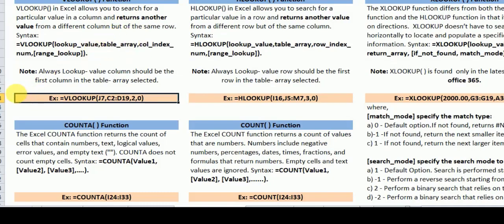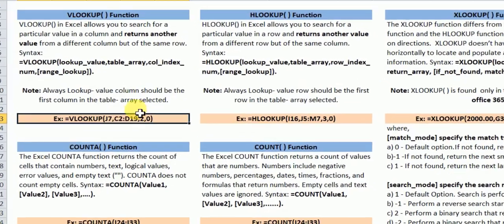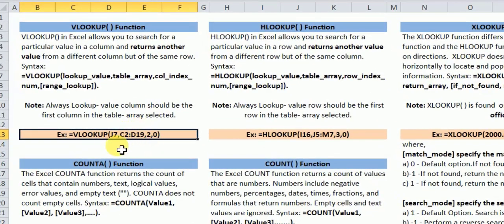Here also you can see the lookup value should always be the first column in the selected table array. J7 had the executive name, and these executive names were present in the C column. So our C column is the first column of the table array. This is how we considered and created our VLOOKUP formula.